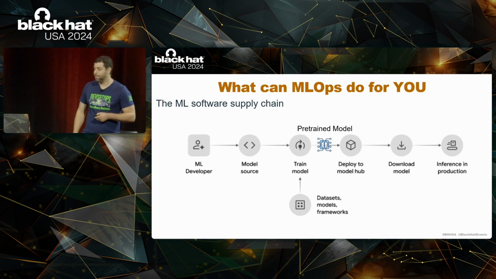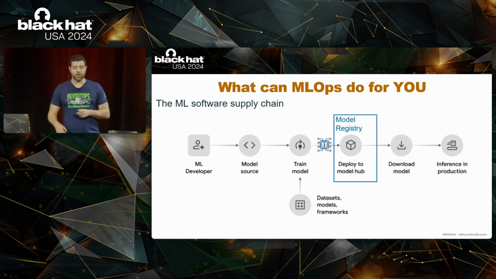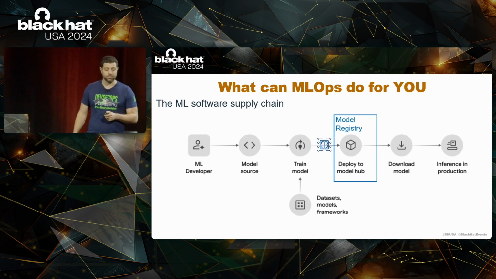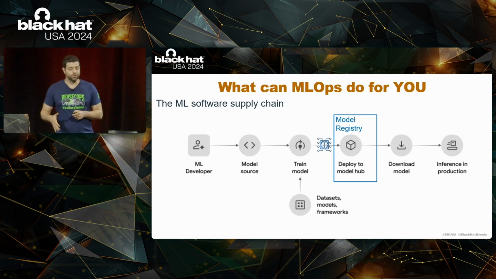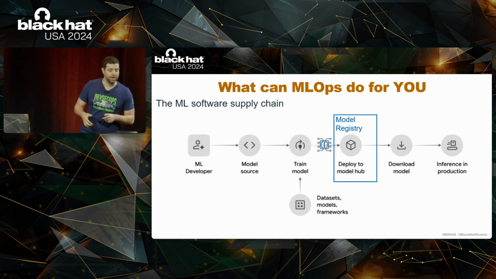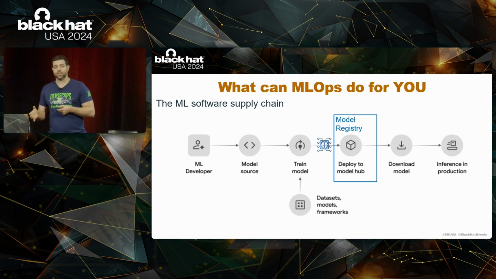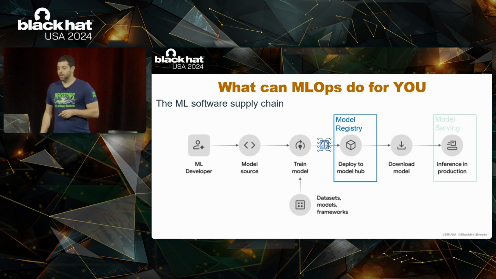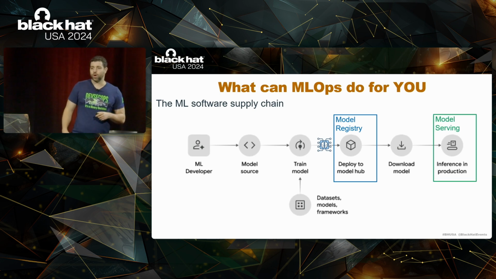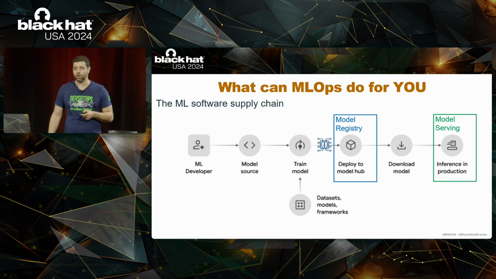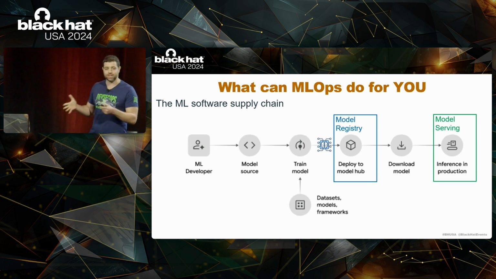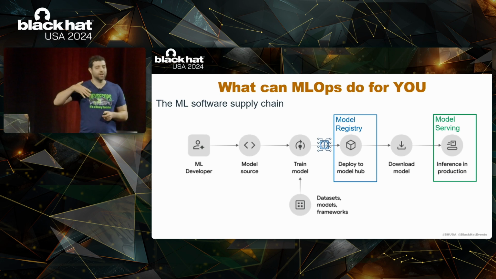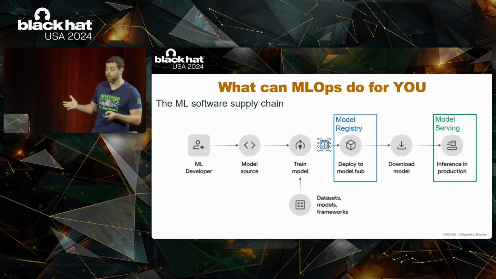And when the model is ready, when we have this pre-trained model, we need version control. So version control is usually happening in the model registry. This is what will allow us to save all the versions of the model. And in the end, when we want to deploy the model to production, we use an MLOps platform feature called model serving, or model as a service, and this will allow us to let clients query this model.